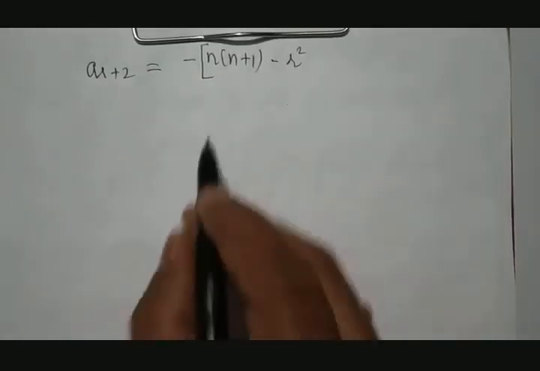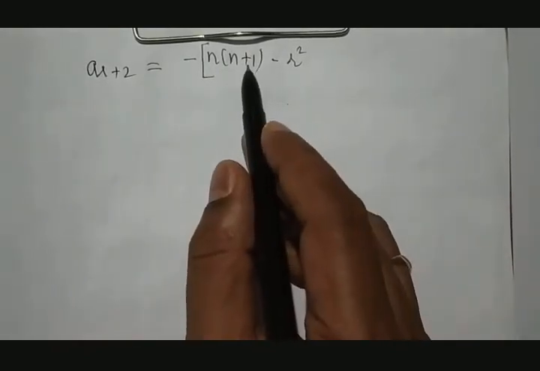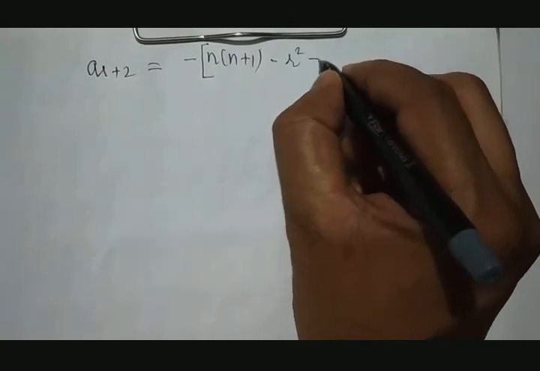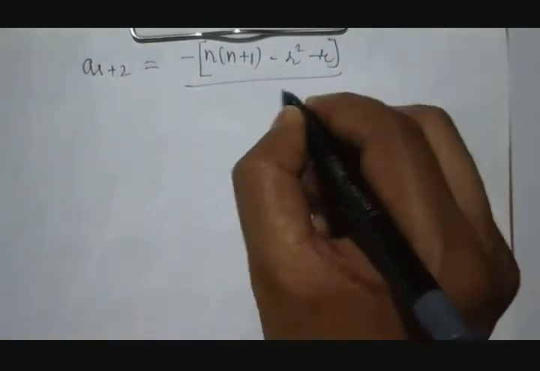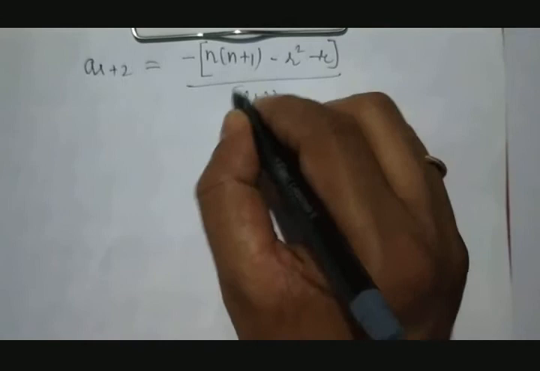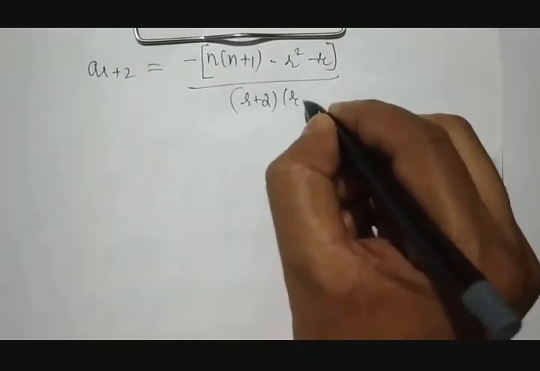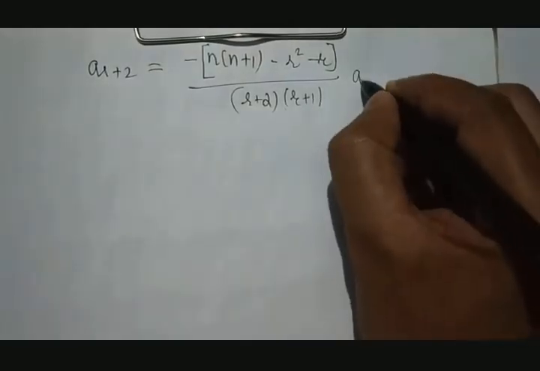Therefore, minus is taken common. Therefore, it becomes n into n plus 1 minus r square minus r, divided by r plus 2 into r plus 1. That into ar.